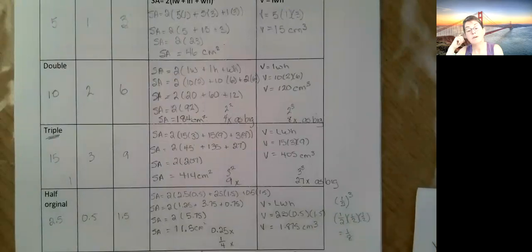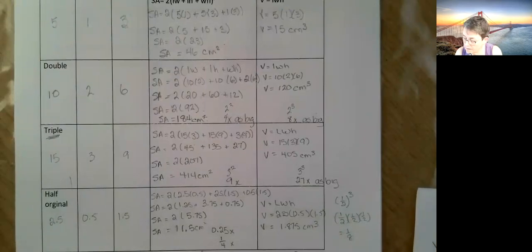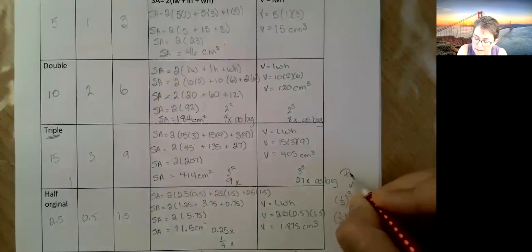Or you can do 0.5 times 0.5 times 0.5, 0.125. So this is my prediction.